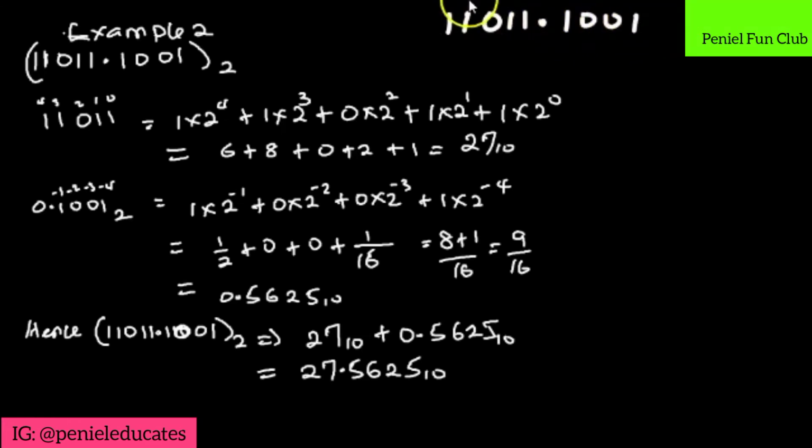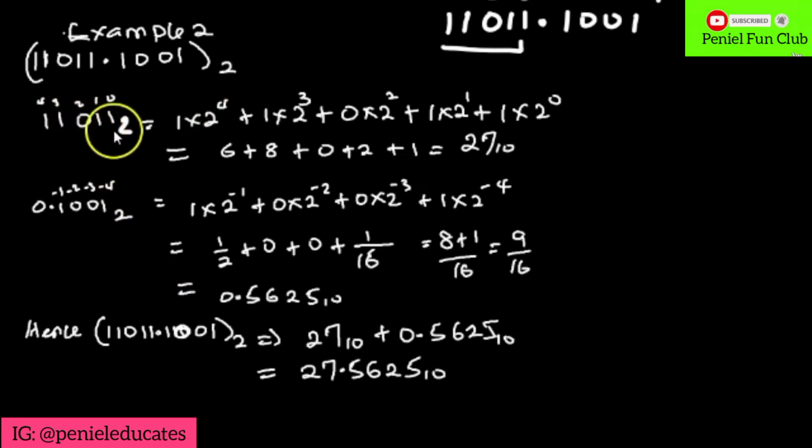So how do we place our indices? Don't forget, towards your left you do 0, 1, 2, 3, 4, and towards the right you do -1, -2, -3 and -4. So let's take this part first. That's what we've done here. So we do 1 times 2 raised to power 4. This is in base 2. 1 times 2 raised to power 4.